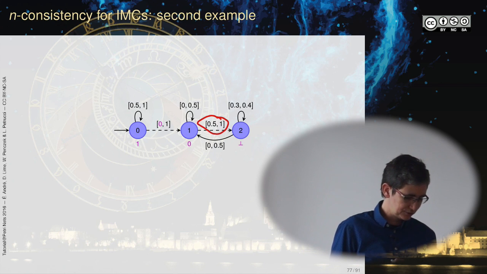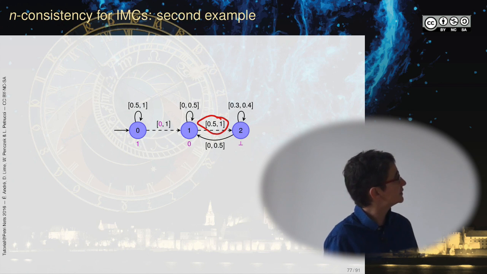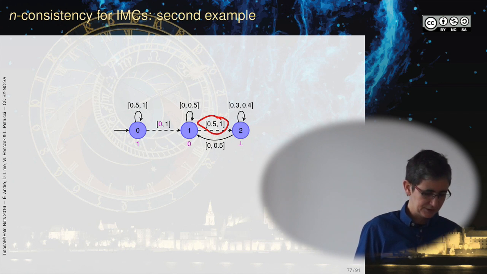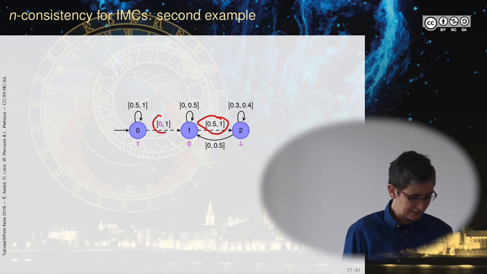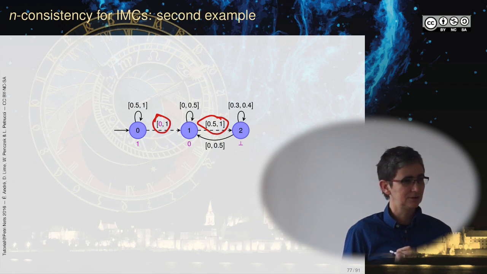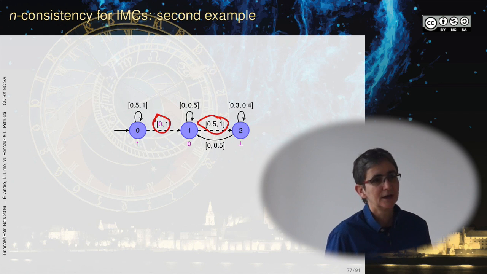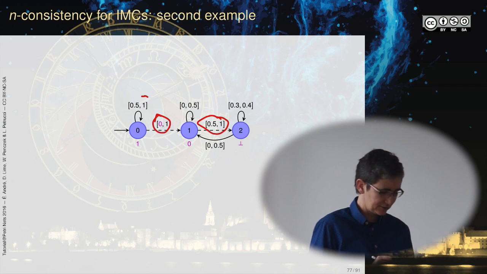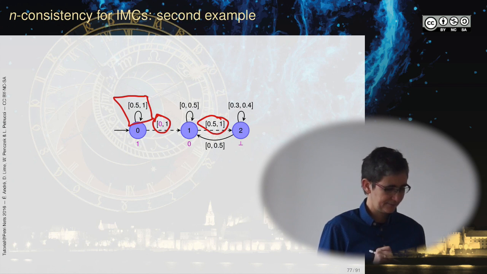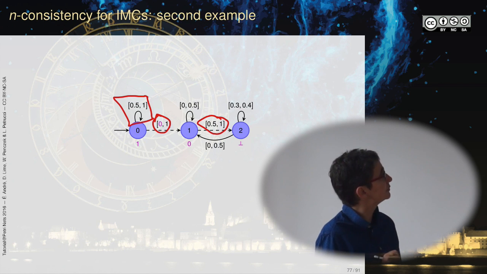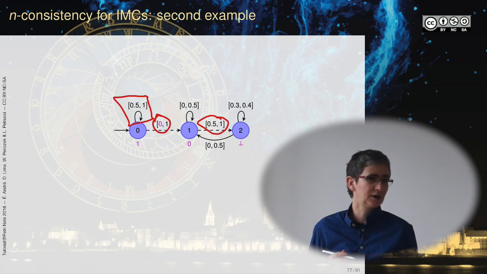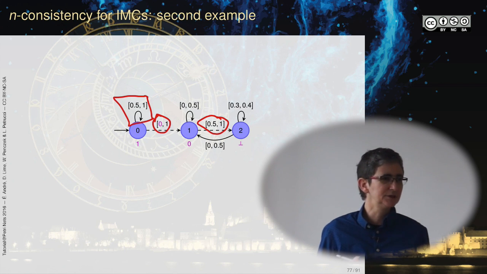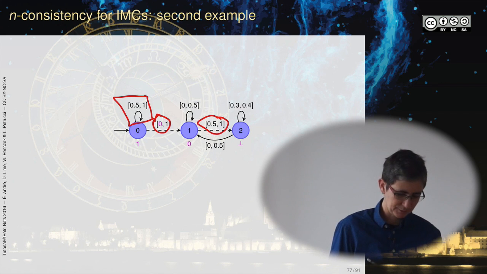Now if I want to check 2 consistency of state 0, you can see that state 1 being 0 consistent but not 1 consistent, I have to avoid it, and I can pick 0 in this interval. What remains is only the loop here, and this loop has an interval [0.5, 1], so I can pick 1 as a probability, and I'm happy with state 0.